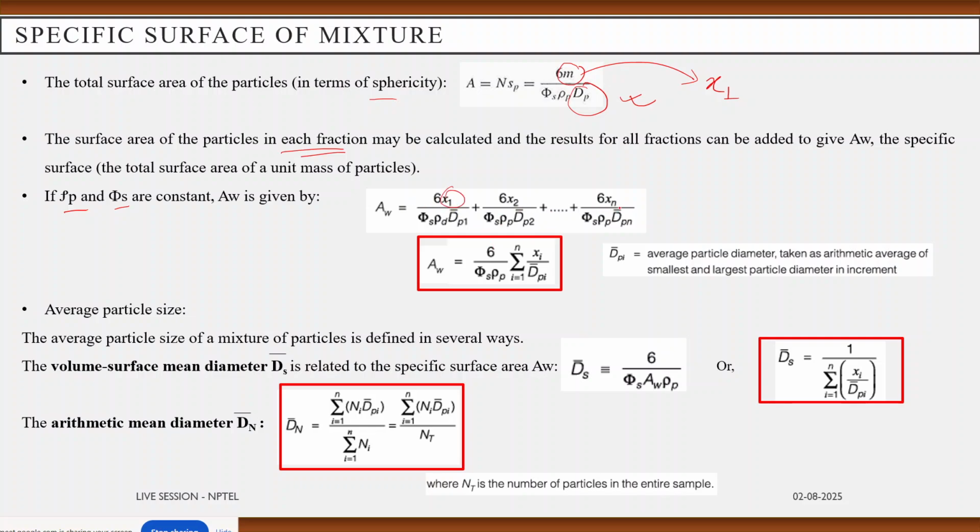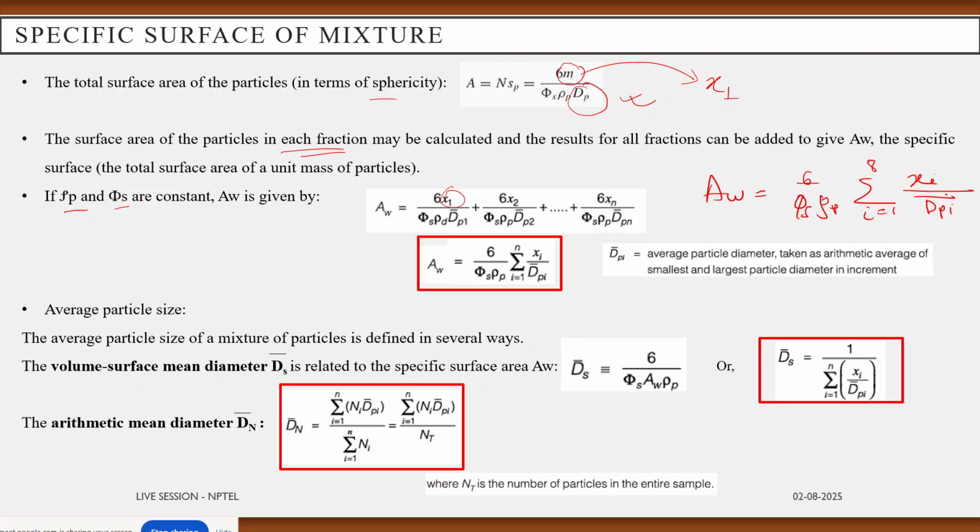So if we are setting the screens, suppose 5 or 6 screens are stacked one after another, then we will get approximately 7 to 8 fractions, and those will be added up. For that case, it will be 6 by phi s rho p, summation of i equals 1 to 8 of xi by dpi.